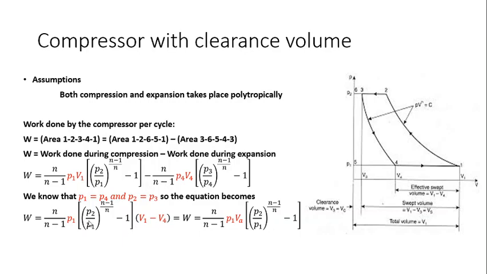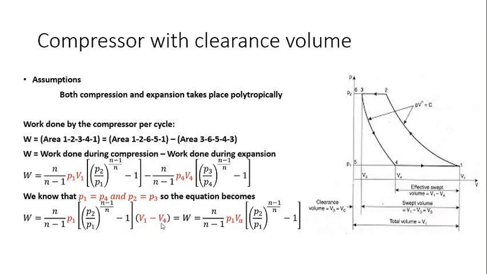All other terms are common in the two expressions, so we can take them as common. So work is equal to n/(n-1) into P1 into (P2/P1)^((n-1)/n) minus 1, into V1 minus V4.